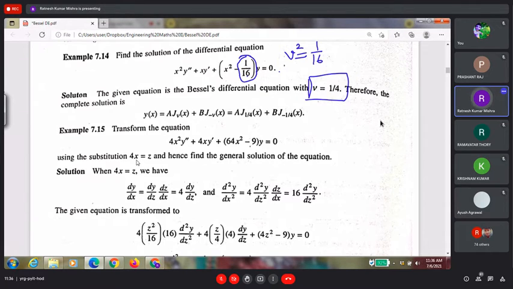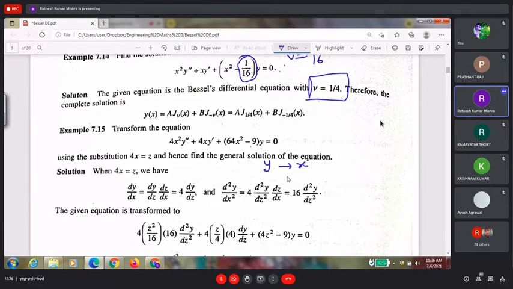So what he says is that 4x equal to z means change the independent variable x to another independent variable z, that is, dy by dx. So actually when you replace x with z, y is the function of x here, but x is a function of z.